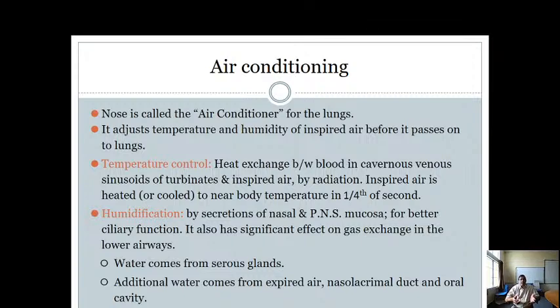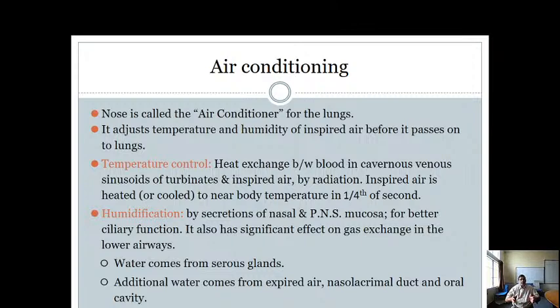So the body has to regulate the temperature as it passes through the nasal cavity, in order to satisfy certain functional needs. The body works optimally at 37 degrees, 32 to 40 degrees.